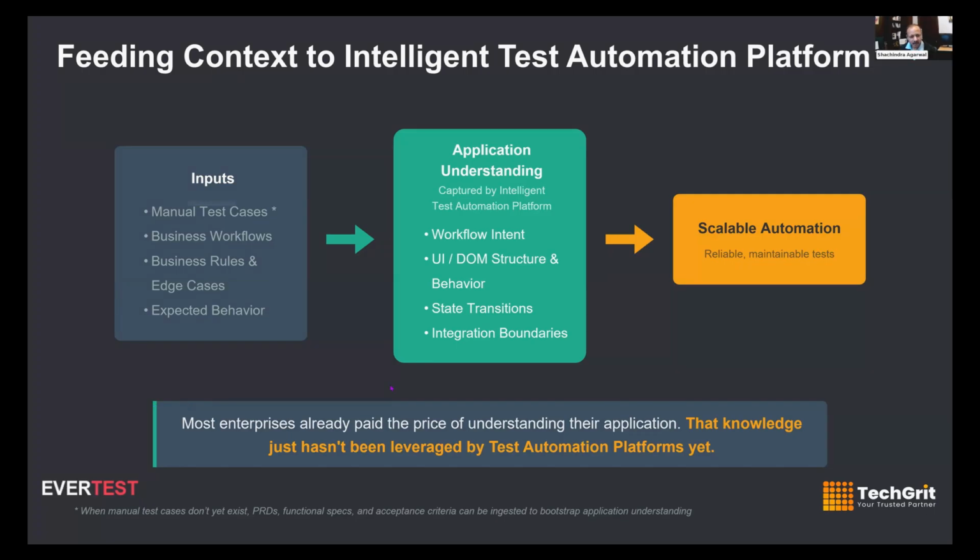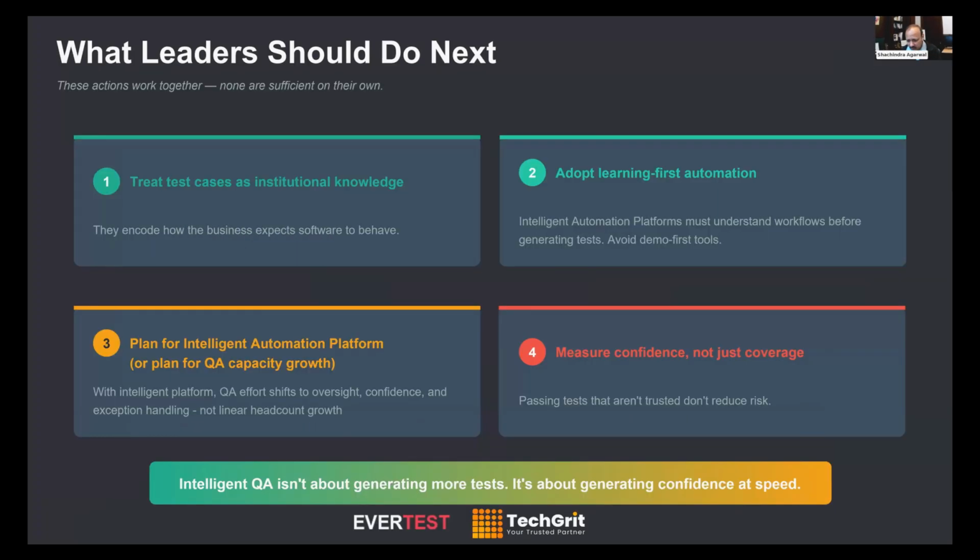Good questions. Actually, this is the last slide. So, what should leaders be doing today? One is that the majority of enterprises would have manual test cases in some form. So, treat those as institutional knowledge rather than just legacy stuff sitting there.